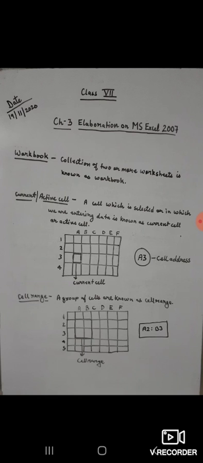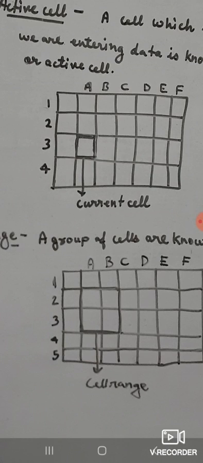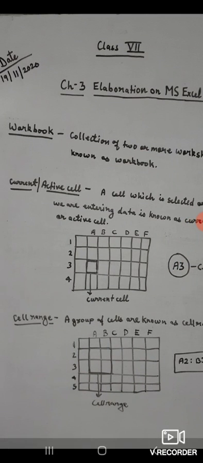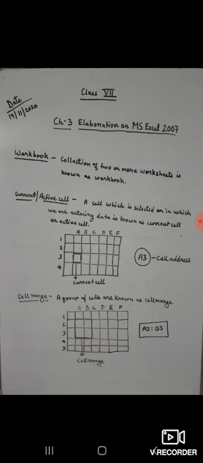The first cell is A2, where the column is A and the row is 2, and the last cell is B3, where the column is B and the row is 3, so the address of the cell range is A2:B3, separated by a colon. So this is about the basics of MS Excel.